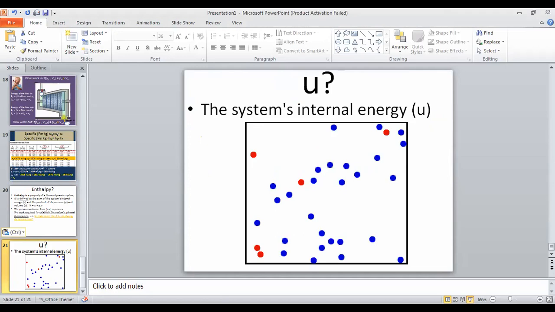It's a big amount if you consider 1 kg as unit mass. So this internal energy plus PV will be the enthalpy.